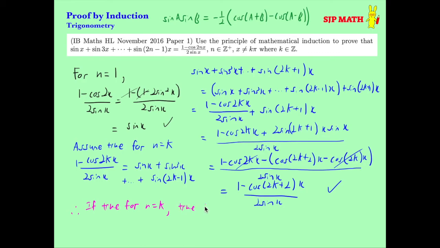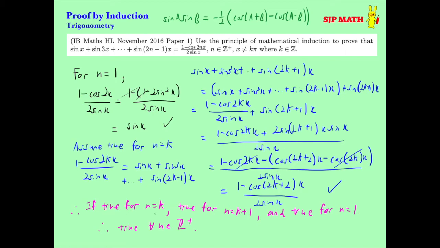Okay, my pen isn't working very well today. For n equals k plus 1. And we know that it is true from the base case, the initial case, n equals 1. Therefore, it is true for all n in the positive integers.